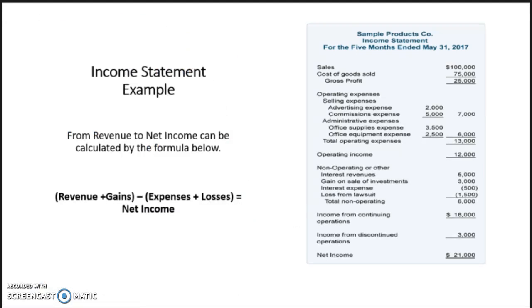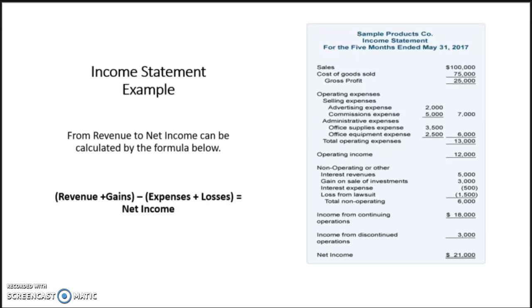From revenue to net income can be calculated by using the following formula. Revenues plus gains minus expenses plus losses will be your net income. And if you look on the right, we have an example of an income statement.